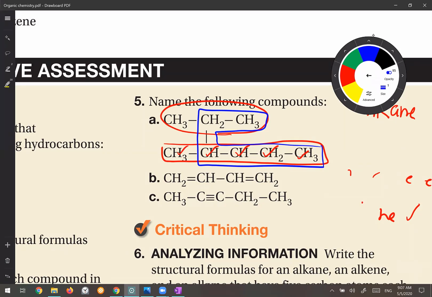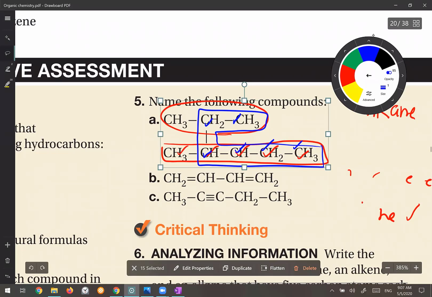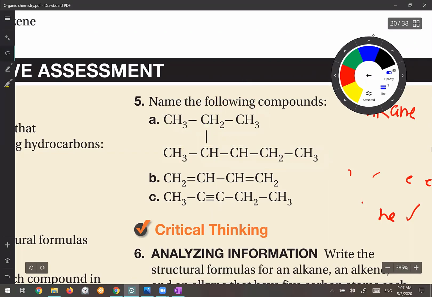So now the blue one has 1, 2, 3, 4, 5, 6. So this is the correct parent chain here. So I choose the blue one to be the parent. This is my parent chain.